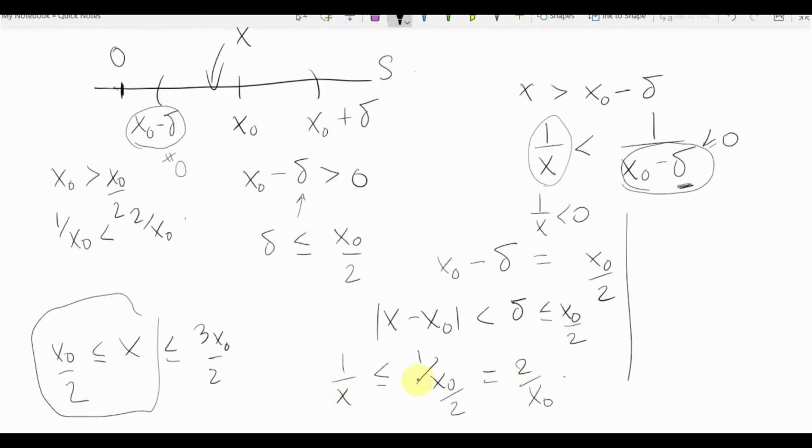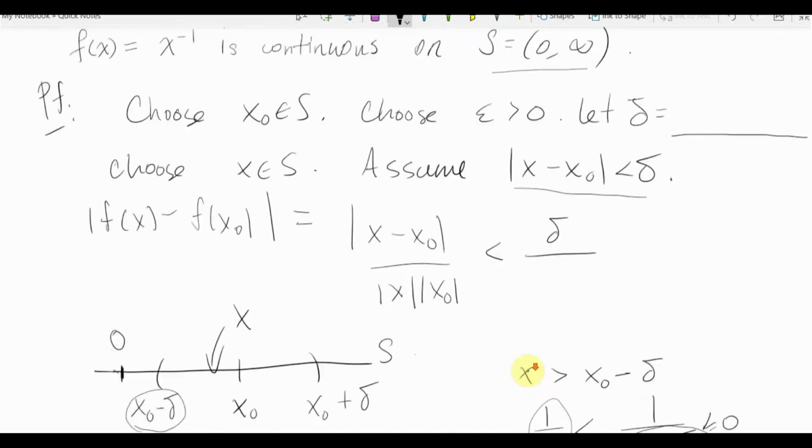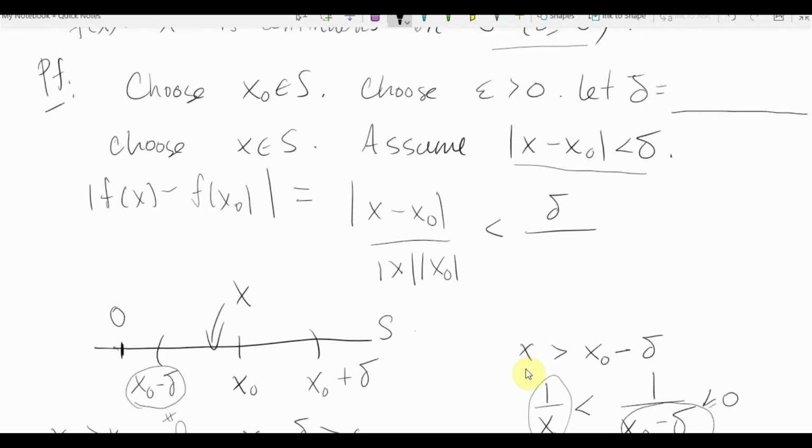So 1 over x less than or equal to 2 over x naught tells me that this entire expression is less than 2 over x naught. I'll write it like this. And then I also have to bound this x naught in the denominator by 2 over x naught. And it looks kind of messy, but just bear with me. This is delta times 4 over x naught squared.